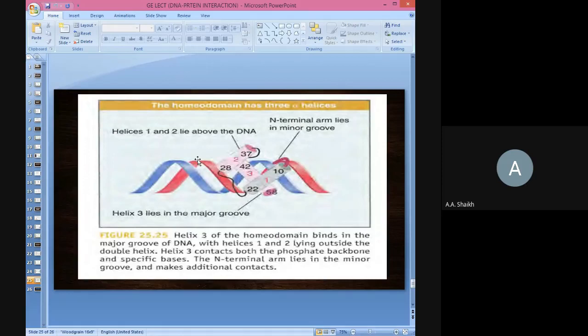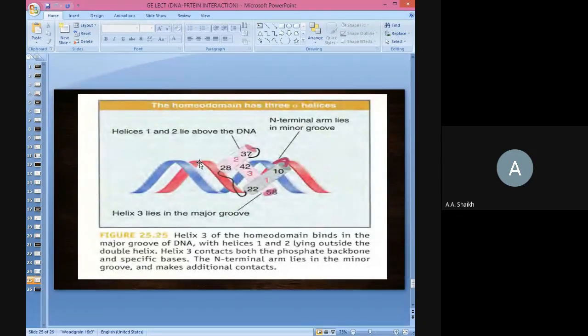So in this case, the homeodomain interacts with both the major groove and the minor groove for proper contact. Apart from that, the rest of the sequences we have seen majorly interact with the major groove only, with some exceptions.